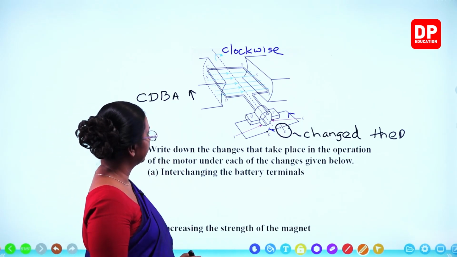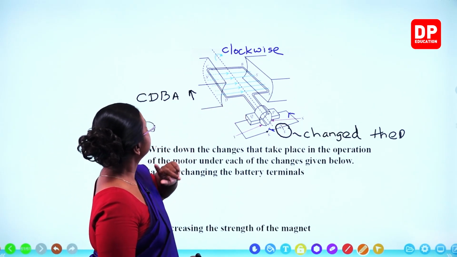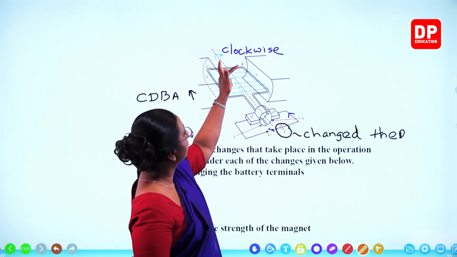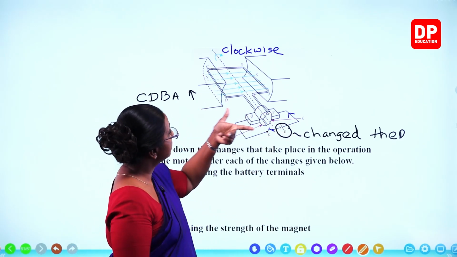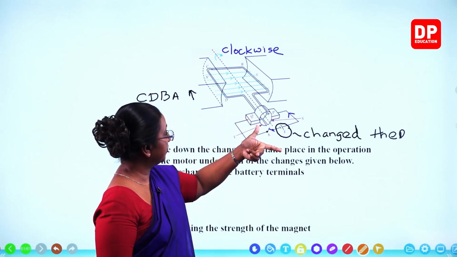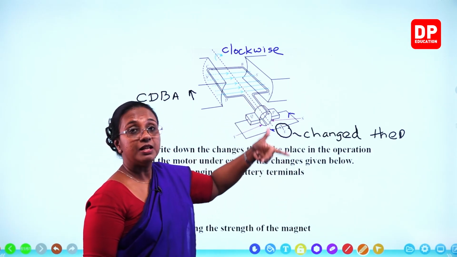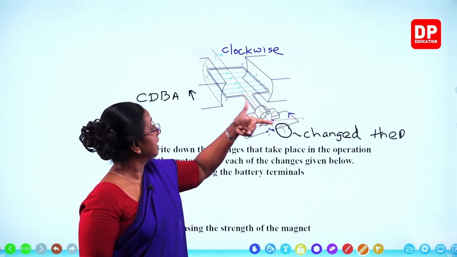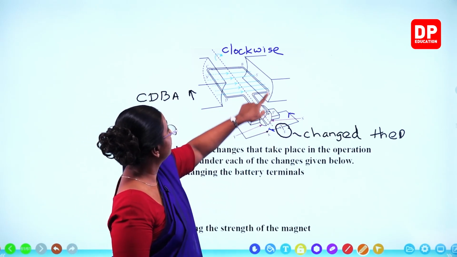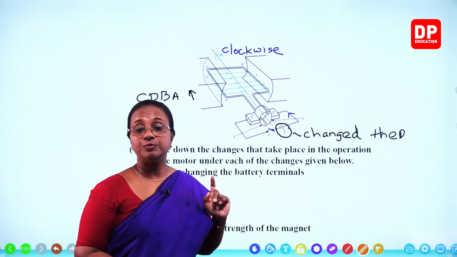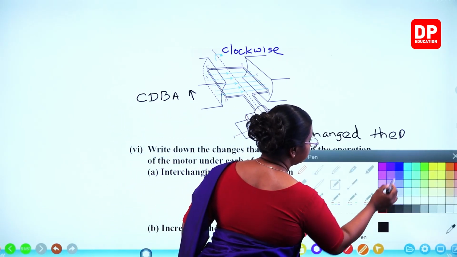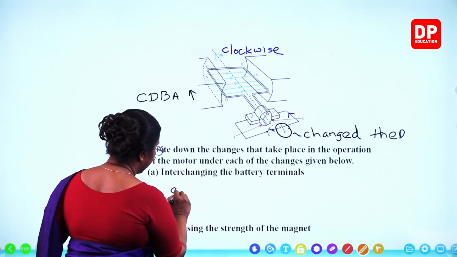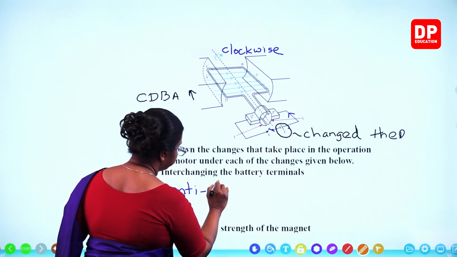If it is C, D, B, A, current will flow from B to A, that is towards you. But still the magnetic field is that way. So, BA will move upwards. If BA moves upwards, you know the rotation is going to be anti-clockwise. So, there it will be anti-clockwise.